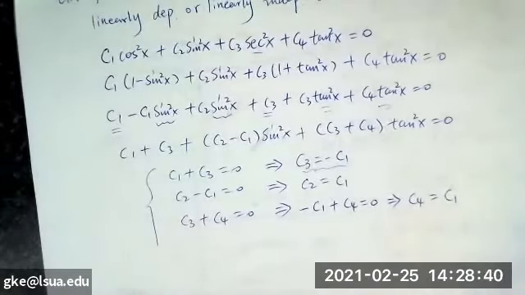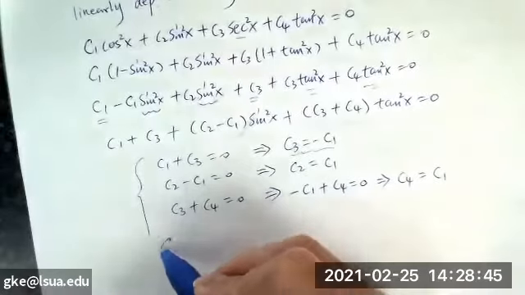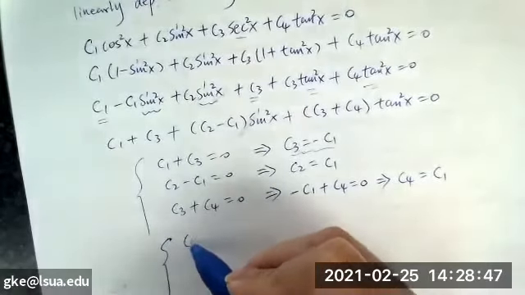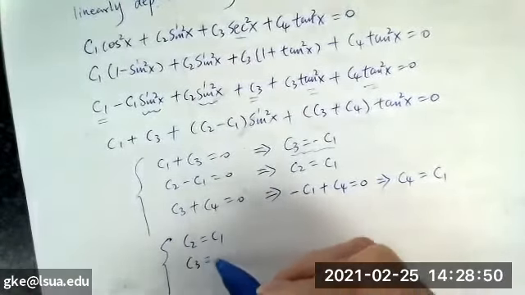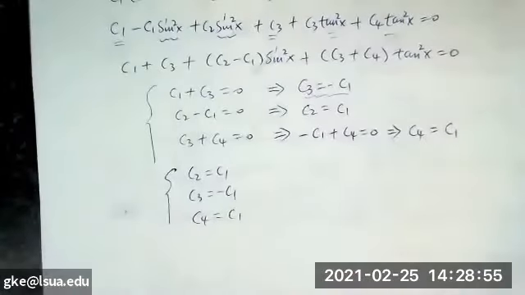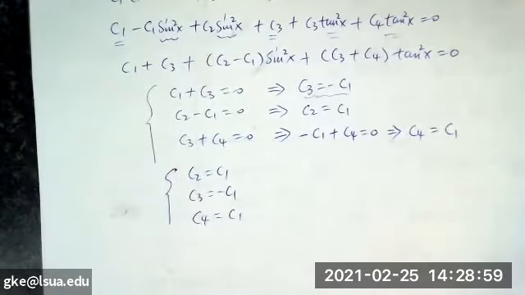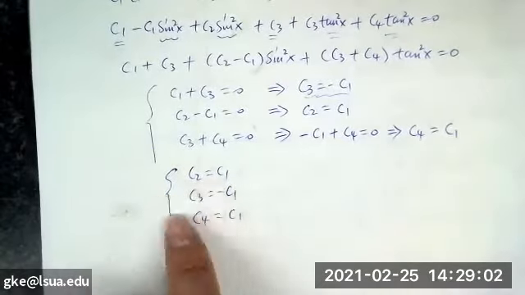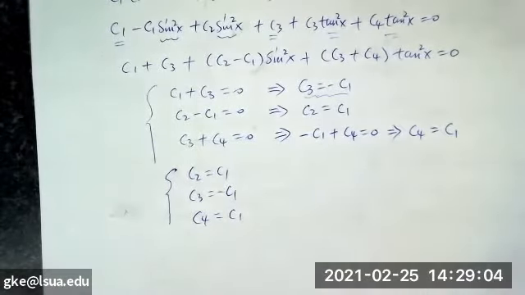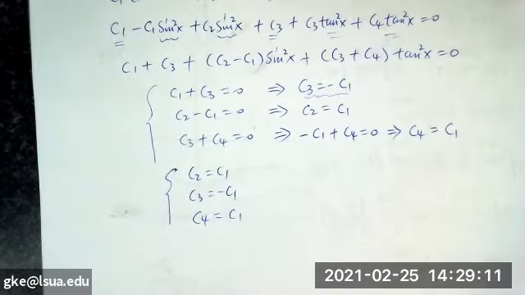As you can see, C2 equals C1, C3 equals negative C1, C4 equals C1. We can write the coefficients like this. So they are not necessarily 0. They can be any real numbers, because C1 can be any real number.